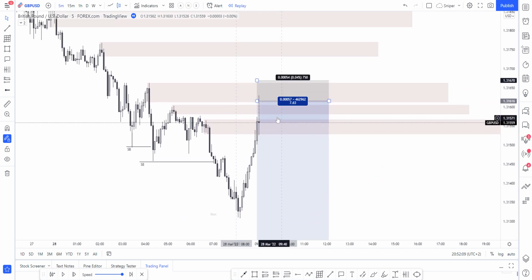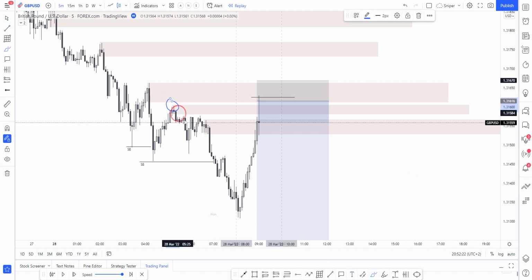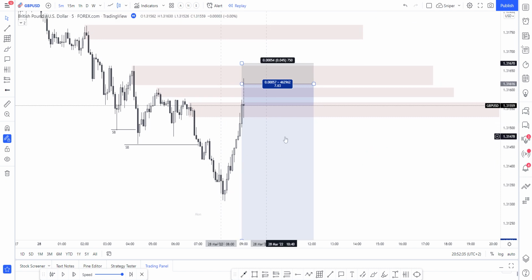So that's the first tradable idea. But now that we have created a high, we have not yet swept any significant highs to the left. Maybe this high, but why is this not a significant high? Because this high didn't break any structure. This is maybe a high, but it's not a significant high. So this is more of a significant high. This is just some minor substructure. So this could maybe have been your first entry.